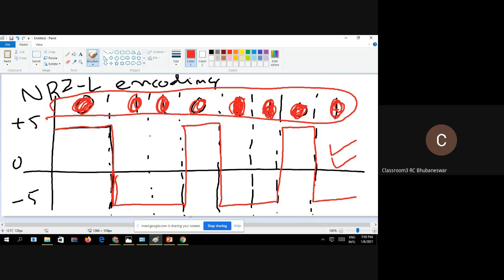You look at here. You say this is the +5. So at the receiver end, you can say that this is the 0. So this is the -5. Yes or no? So I am saying this is the 1. Are you agree with me? Yes sir. So this is also -5. So I am sure this is the 1.